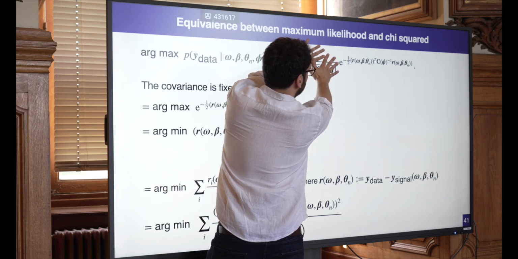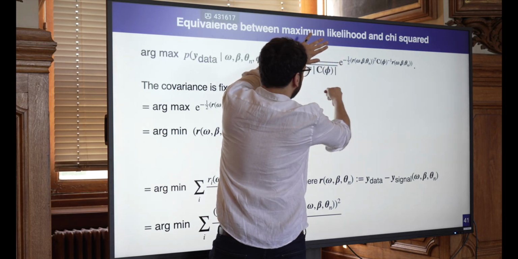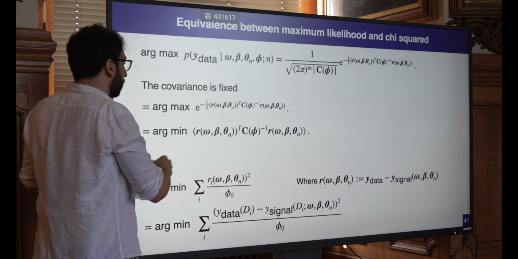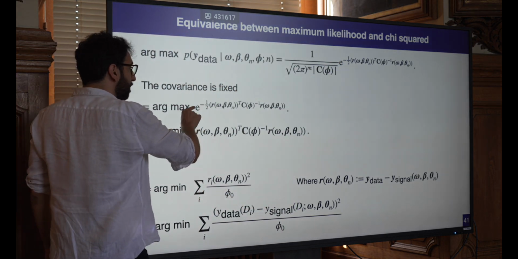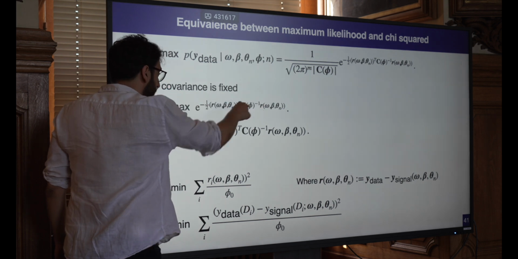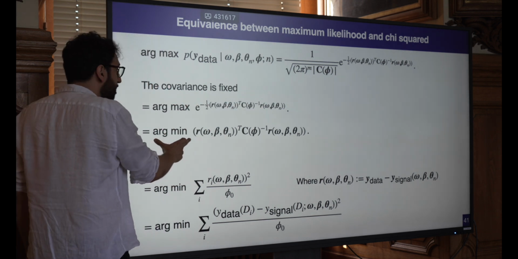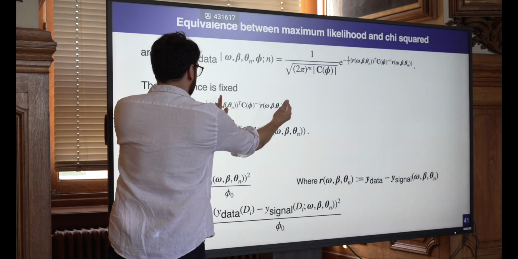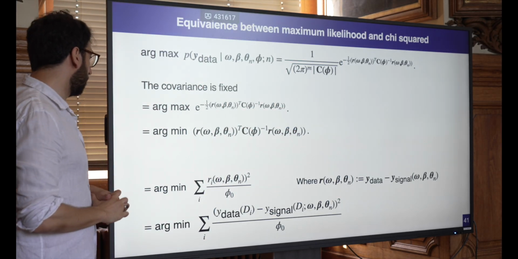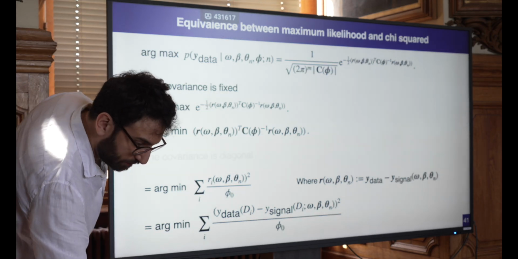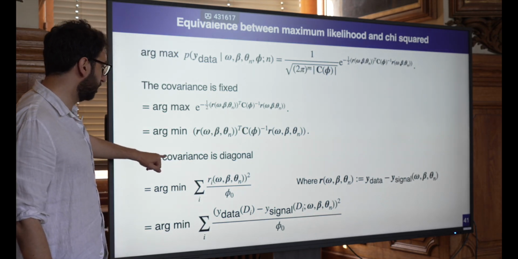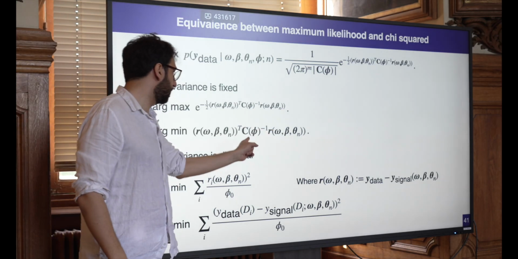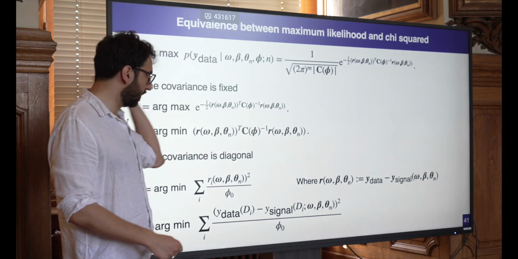When I vary my parameters, since phi is fixed, I don't need to vary it. So maximizing the exponential of minus some stuff is equivalent to minimizing the stuff here. So I just take this and I minimize this. But the covariance is diagonal. So when I write what this equation means, this is the matrix transpose, this is a vector and I just transpose it.